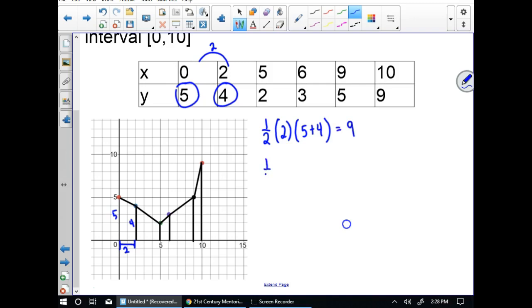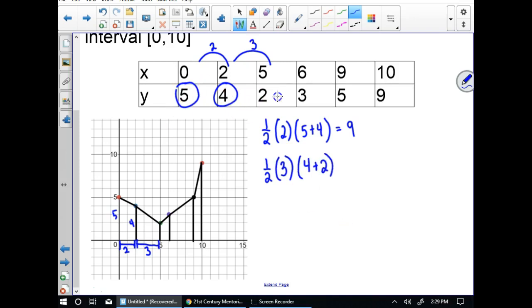The next trapezoid, you'll have 1/2. The width of this trapezoid, or the height, I guess I should say here, is 3. I can tell that from the table because from 2 to 5, that value would be 3. So I've got 3. The height of the first base there is 4. The height of the second one is 2, which I can see in the table.